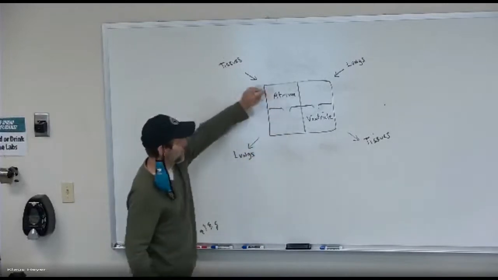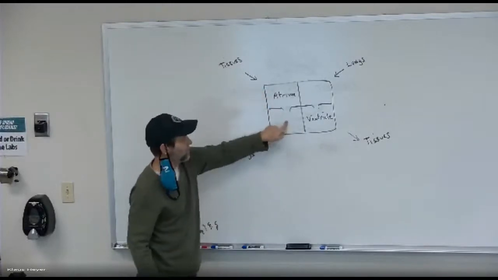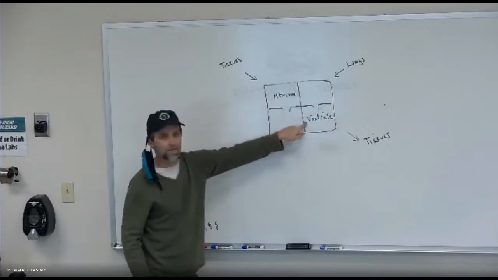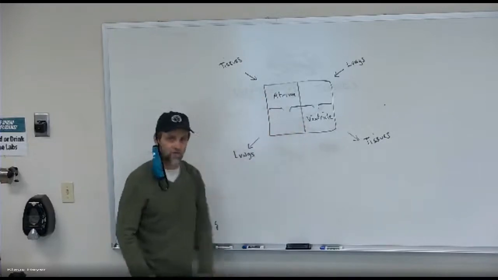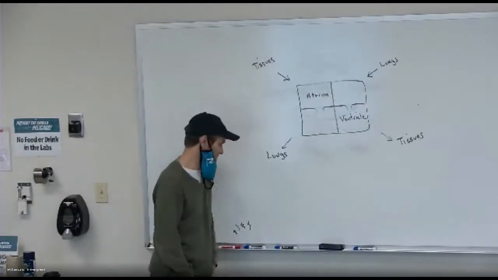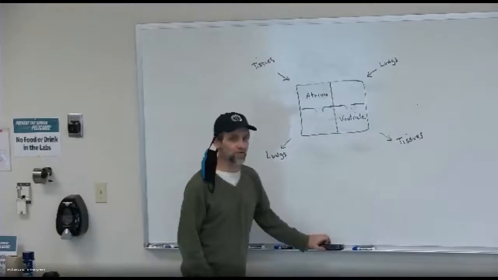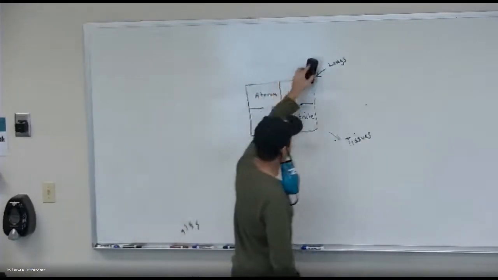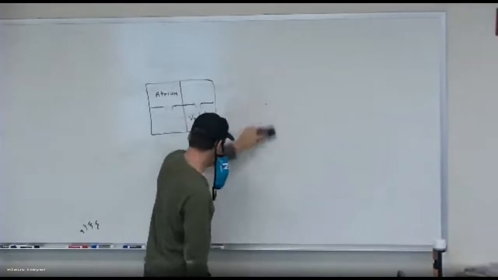These valves are in between the atrium and the ventricle. So we call these 2 valves AV, because they're in between the atrium and ventricle. So they're AV valves. Or we can call them atrioventricular valves, but just AV is fine. So those 2 are AV valves.